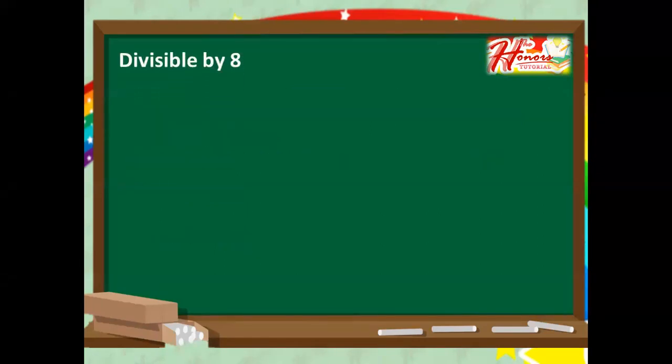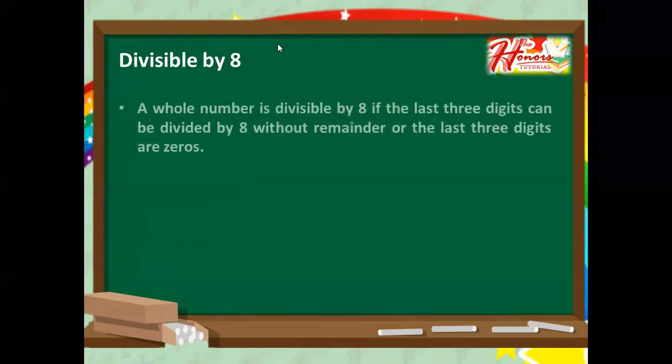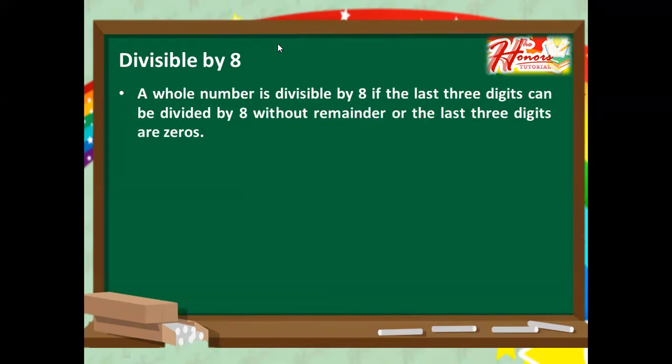Divisibility rule by 8. How about this? The rule is a whole number is divisible by 8 if the last three digits can be divided by 8 without remainder or the last three digits are zeros.